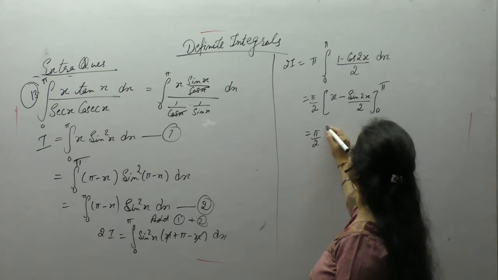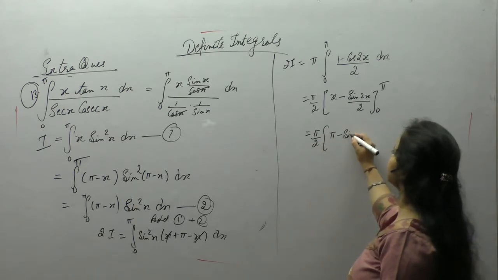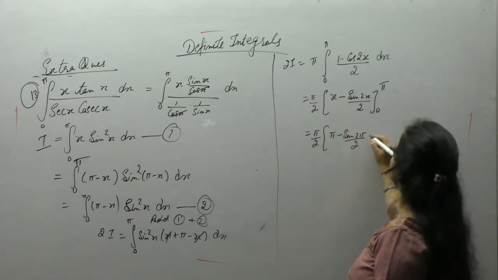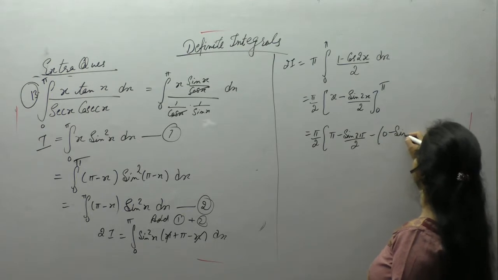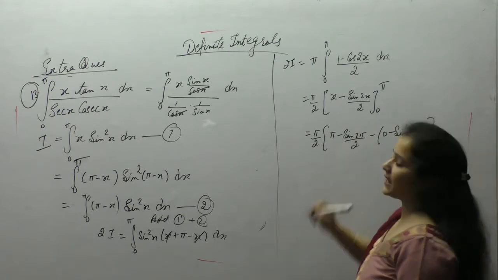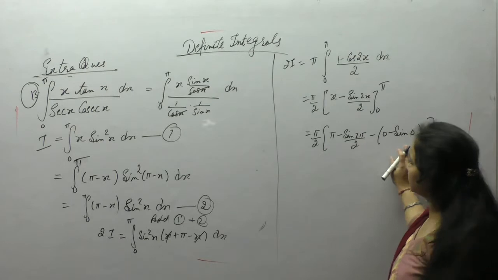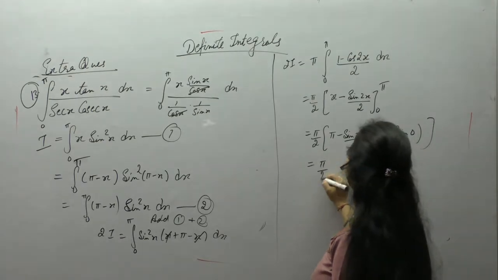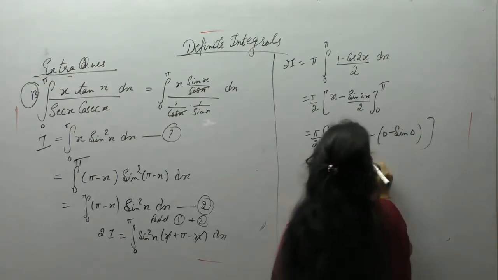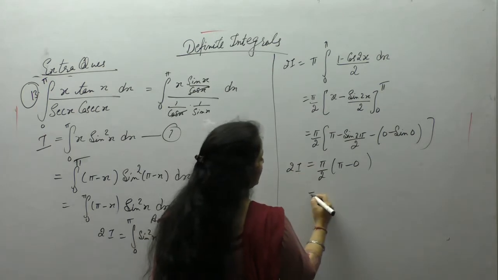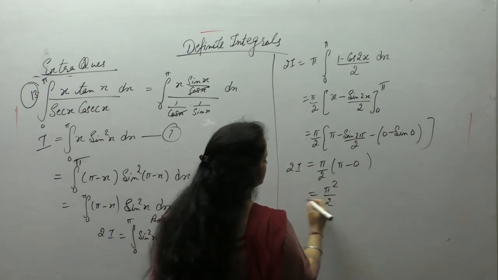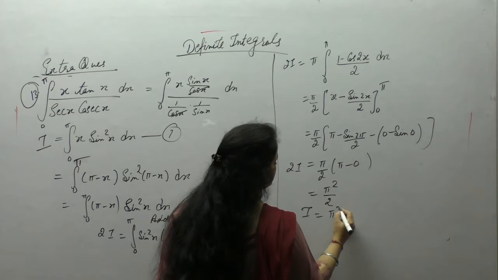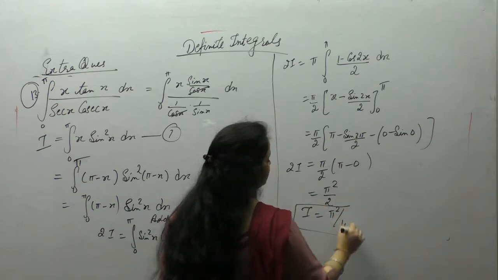Put the upper limit, pi minus sin 2 pi upon 2 minus 0 minus sin 0. Sin pi is 0, sin 0 is 0. So pi by 2, pi minus 0. Pi square upon 2 and I is pi square upon 4.